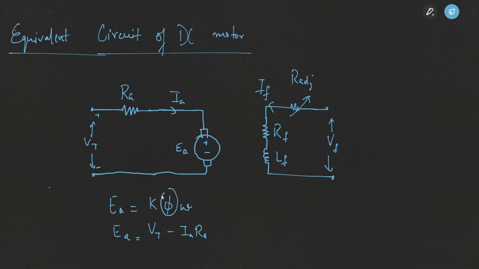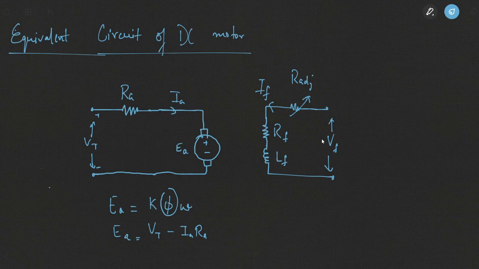So depending upon the voltage that you will be applying to this machine, if VF is constant, if the DC voltage that you are applying through the field windings is constant, and you increase the value of the resistance, the field current will decrease.